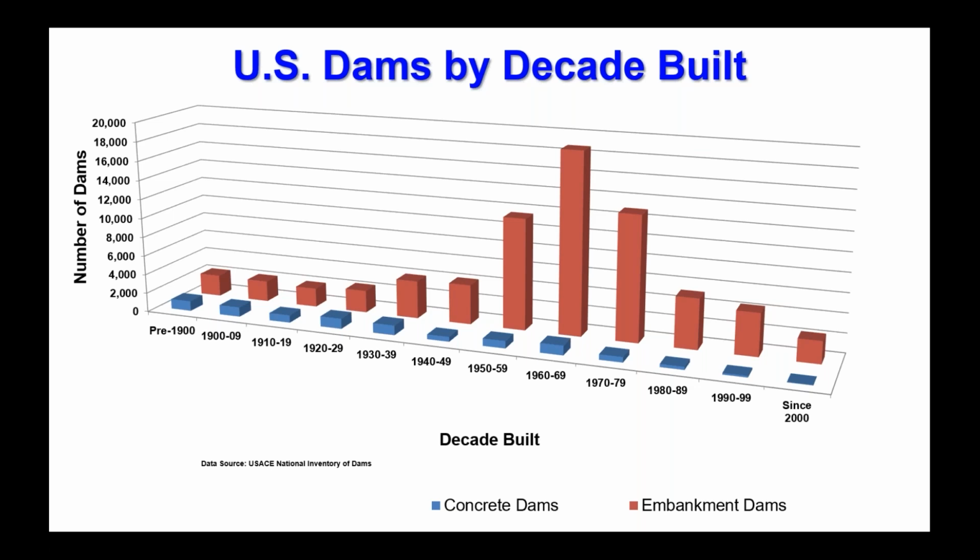One of the things that's interesting about this is you can see that concrete dam building was very popular at the very beginning of dam building in the United States, and then it generally has decreased over time. Whereas if you look at embankment dams, they really peaked out in the 1960s. At one point, we were building almost over 2,000 dams a year.